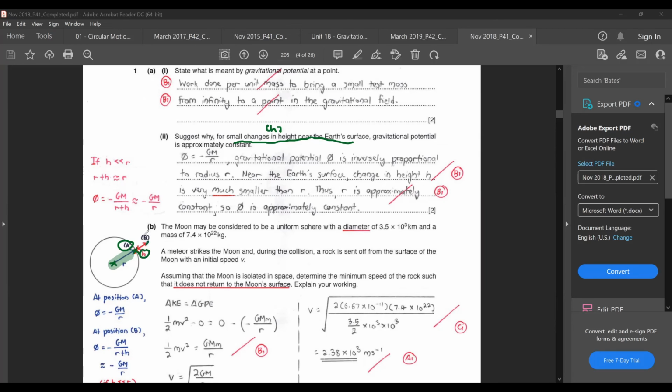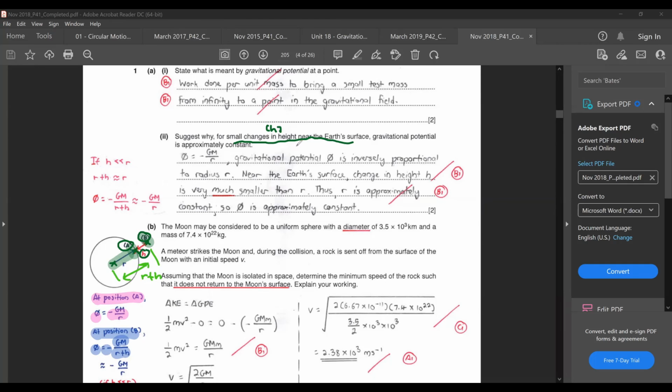We now end up with point B. So what we're interested in is point A and point B. For position A, our potential there will be negative GM over R. At position B, our potential there will be negative GM over R plus h, because we want the center to center distance, which will actually be R plus h.